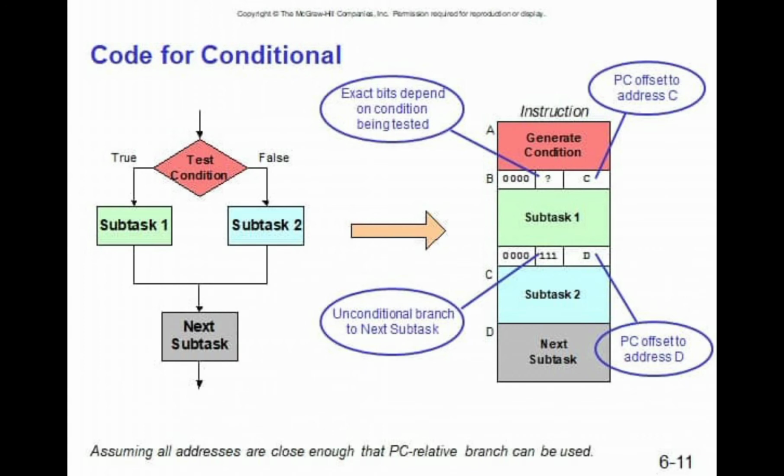For the question mark, the exact bit depends on the condition being tested, and for C, it is the PC offset to address C. Then we have subtask 1, and 111 is an unconditional branch to the next subtask, while D is the PC offset to address D. Then we have subtask 2 in C and the next subtask in D.